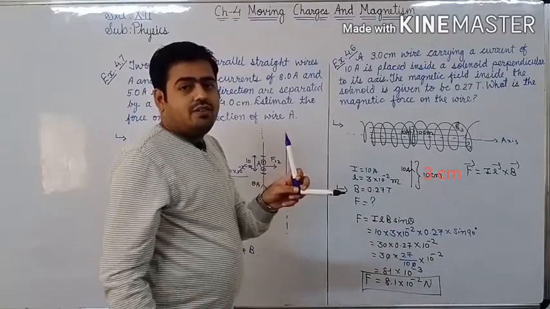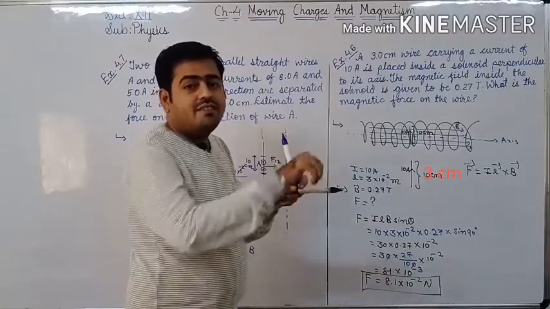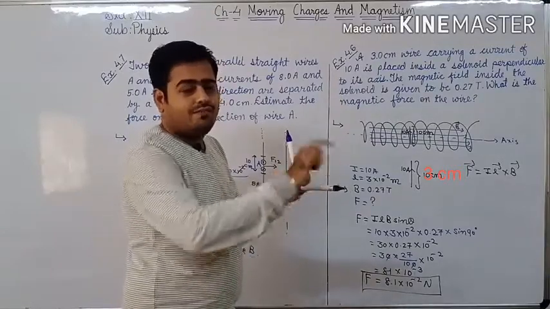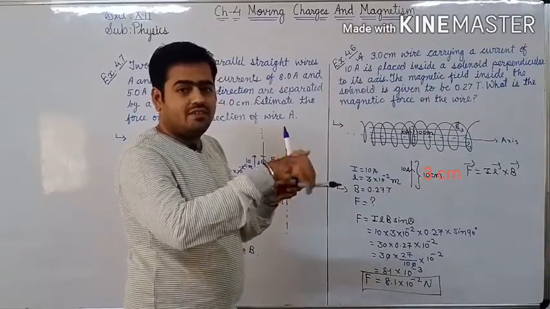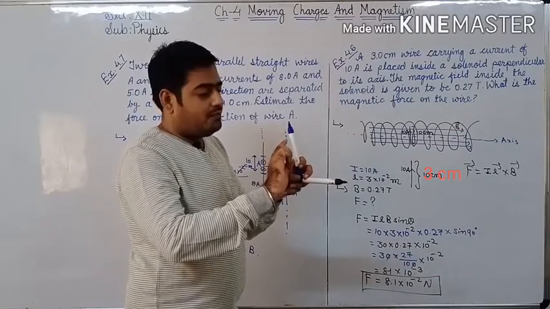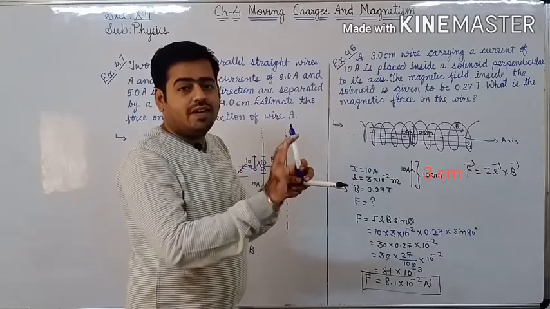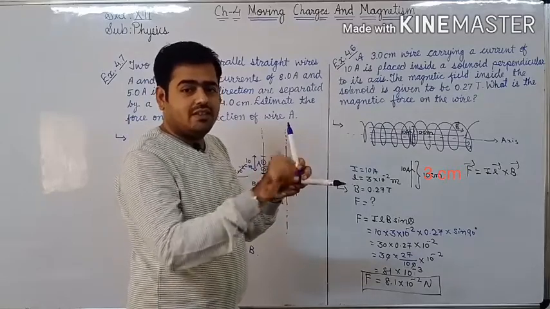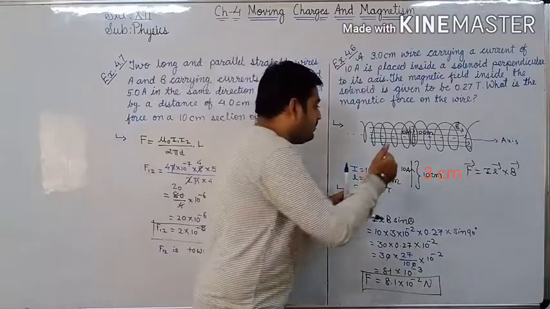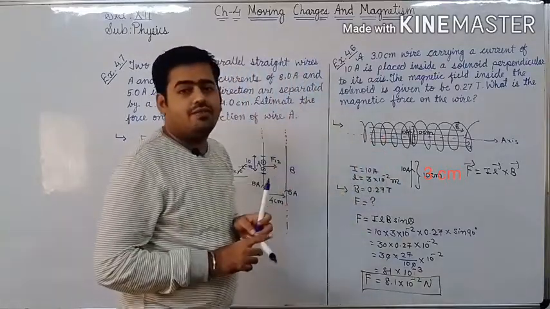Magnetic force will be inside the plane of figure. Just you have to turn your fingers from L vector towards B vector, and thumb will give you the direction of magnetic force. So magnetic force, that is inside the plane of figure.